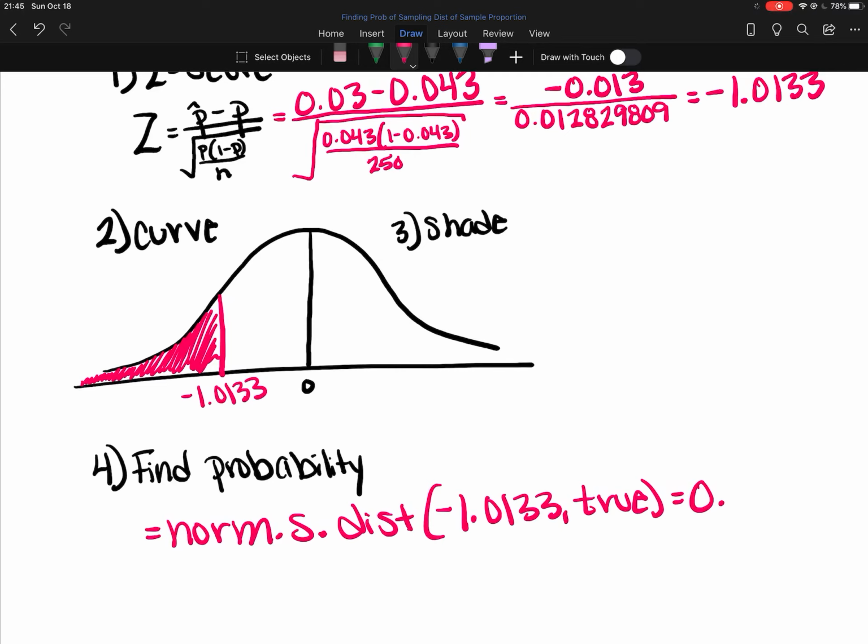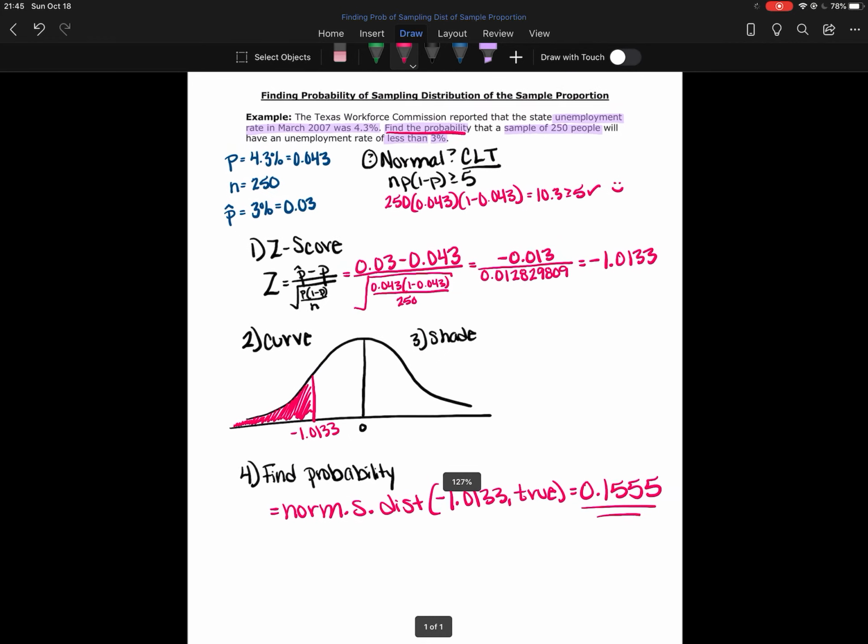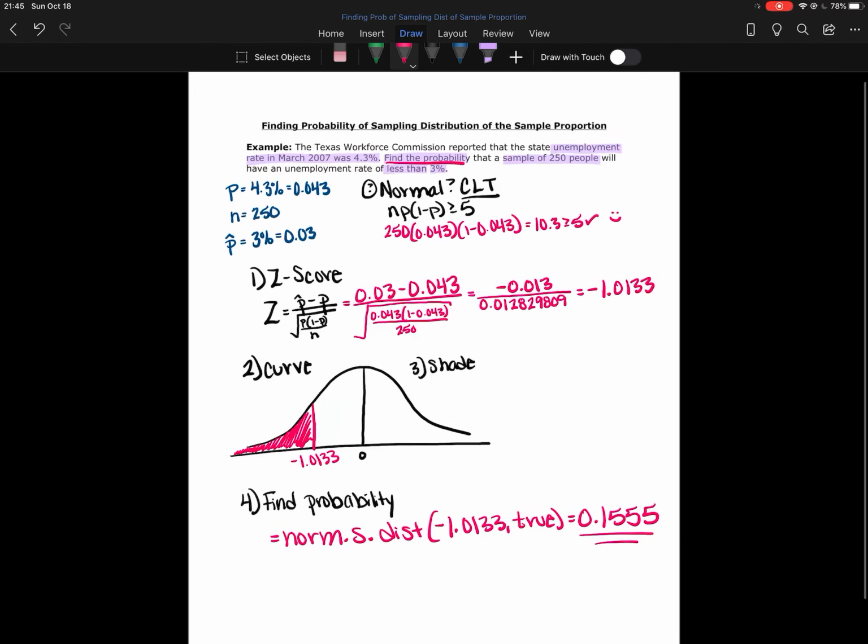And we get a probability of 0.1555 when we round that. We don't have to use the complement rule because we wanted the area to the left, and that's what Excel gives us with norm.s.dist, the area to the left. So here you go. Here is how you find a probability using a sample proportion from a sampling distribution of the sample proportion.